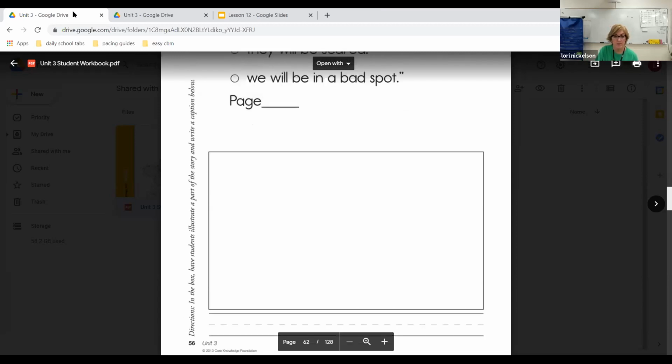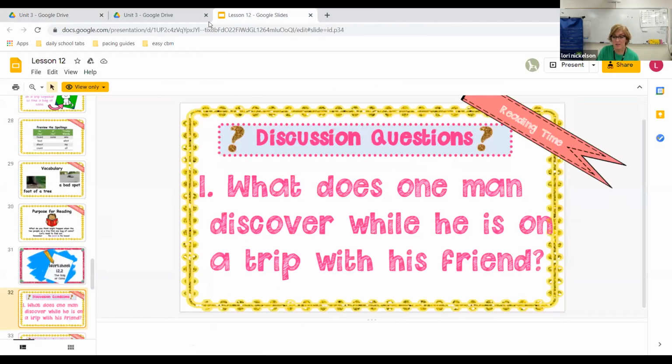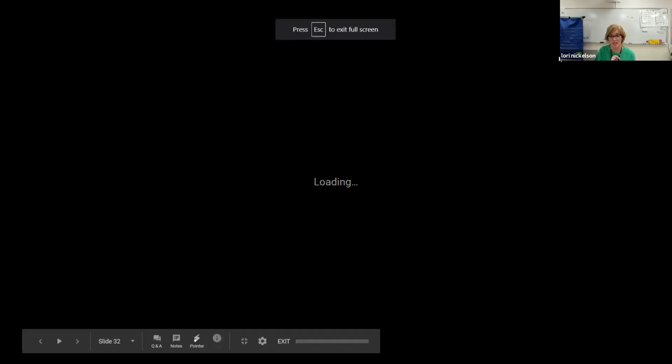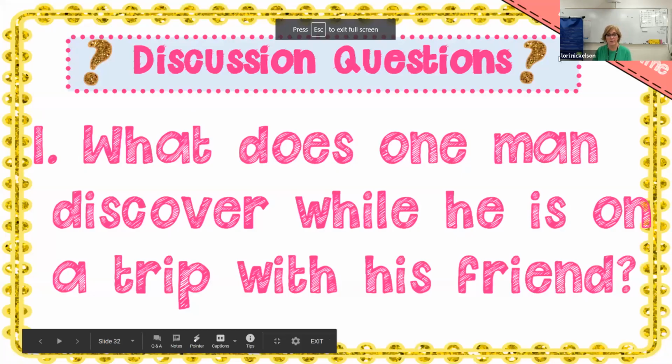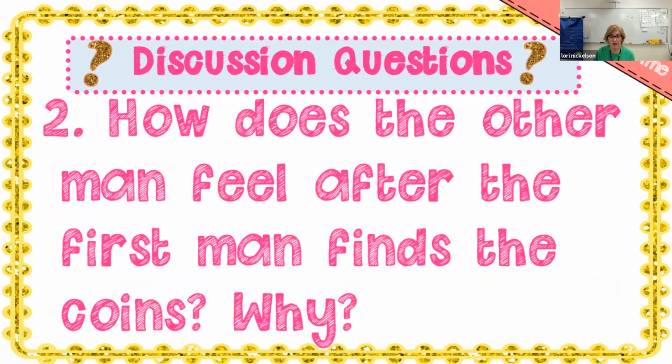All right, so let's go back to our lesson. Some discussion questions I can write or talk about today. What does one man discover while he is on a trip with his friend? What did he find? He found a bag of coins, didn't he? How does the other man feel after the first man finds the coins?